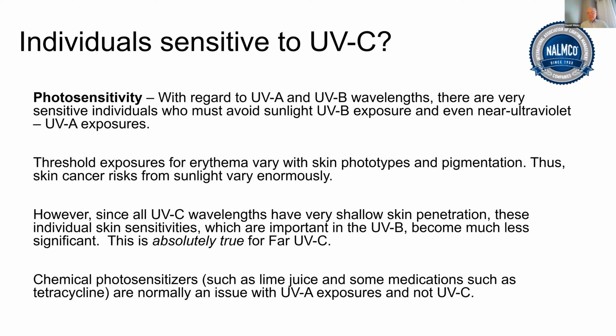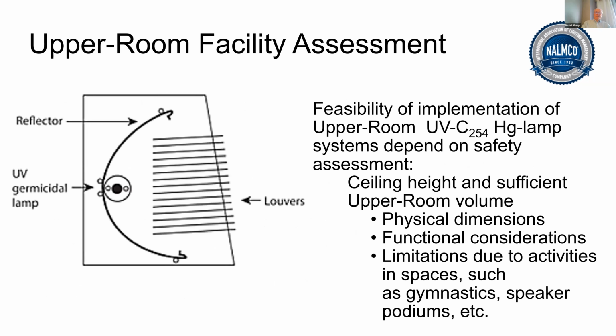This type of individual sensitivity is not expected to be significant down in the UVC. The feasibility of implementing upper room germicidal mercury lamp then depends on your safety assessment.